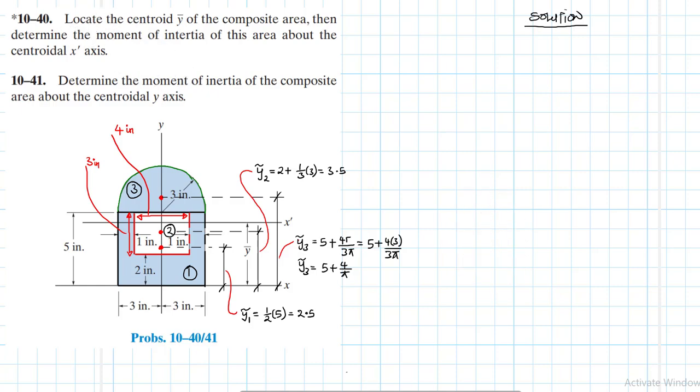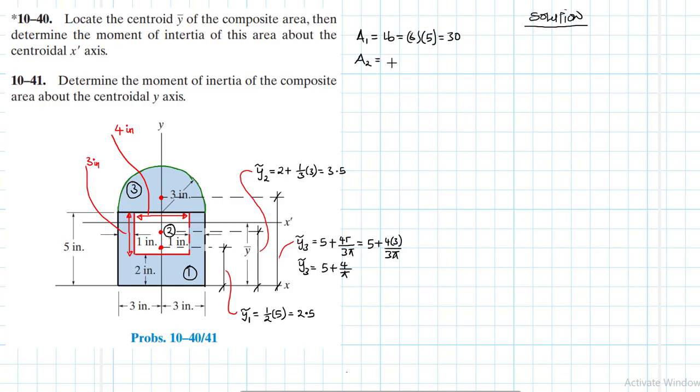Great. So what we need to do now is to find the area. We need to find the area for each shape. So area 1 is equal to L times B, which is just equal to 6 times 5, which gives us 30 inches squared.